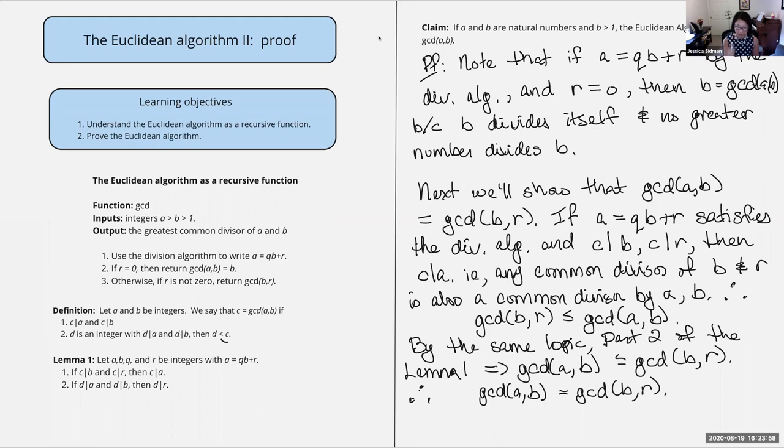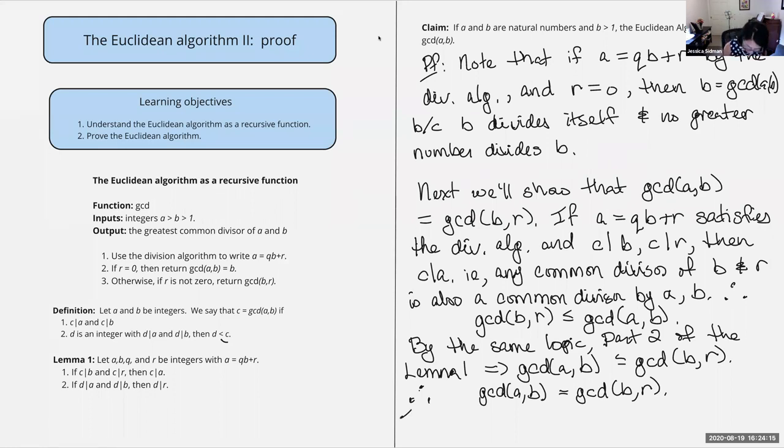Now there's one more little thing that we have to know, okay? We have to know that eventually this is going to stop. We're not just going to keep calling the GCD of another B and R, and another B and R. We have to know that it stops.